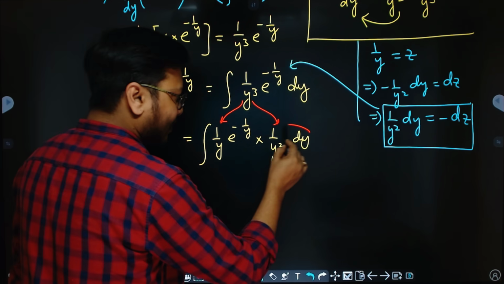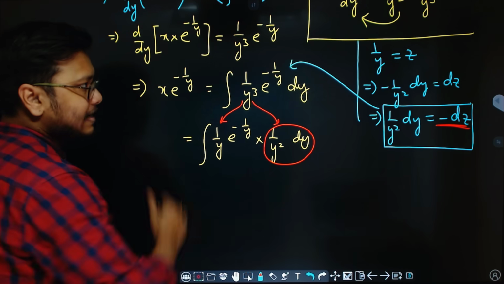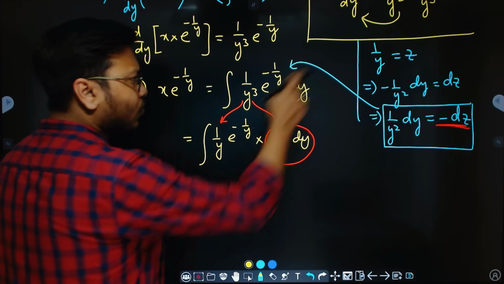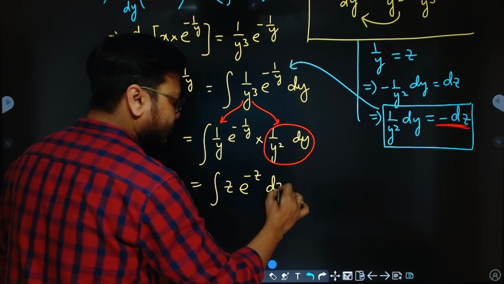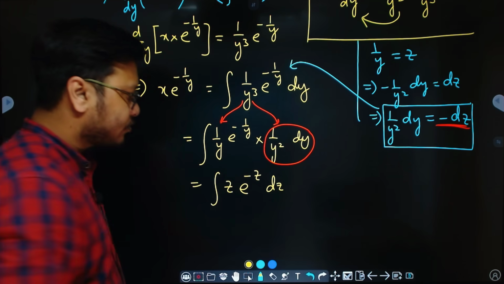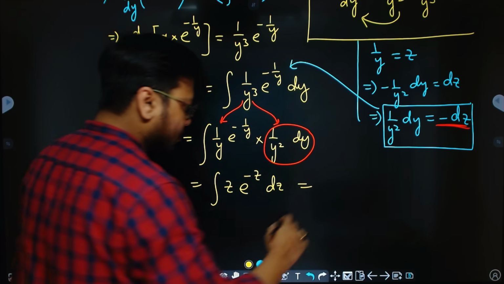Okay, so your 1 by y square dy, that's going to become minus dz, and the rest I will get from the substitution of z, right? So 1 by y is simply z, e to the power minus z, and this becomes dz. So again, a similar kind of by parts we can do like the previous question. So I'll directly do the by parts now.